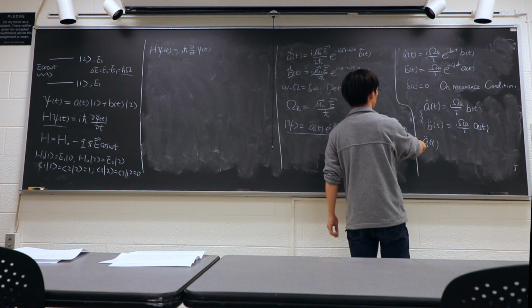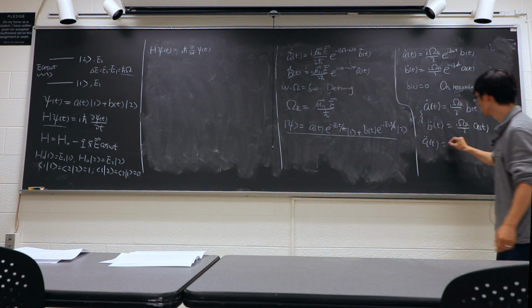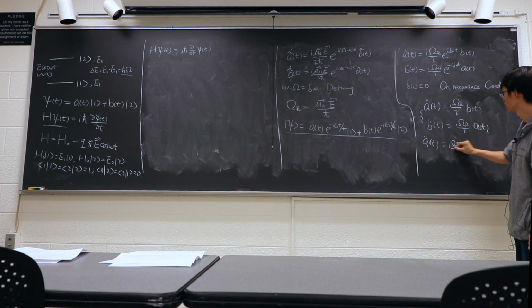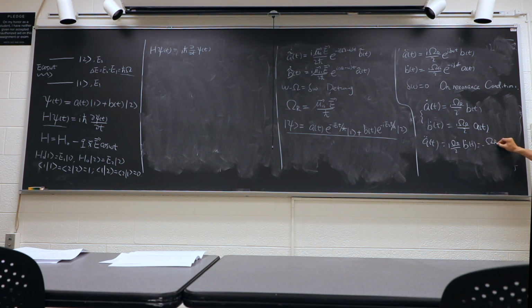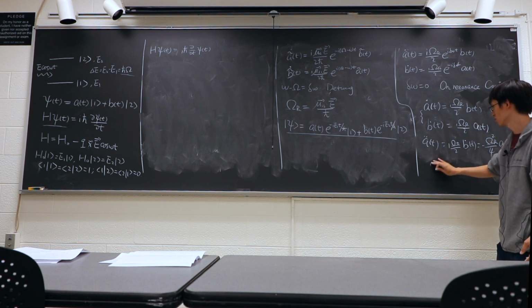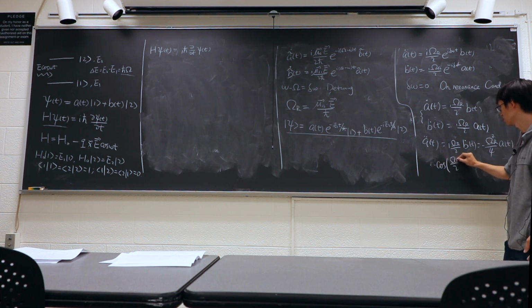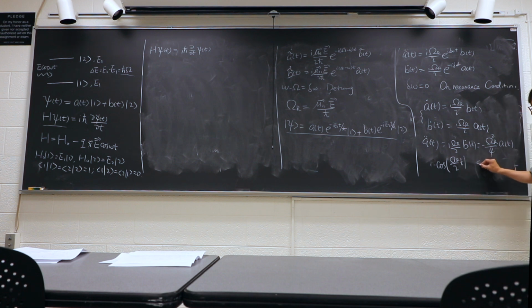You take another time derivative on this equation, and then it gives you minus omega R squared over 4 times A. And the universal solution to this is a cosine of omega R t over 2, and also a sine of omega R t over 2.